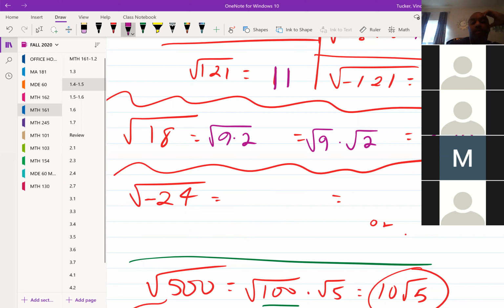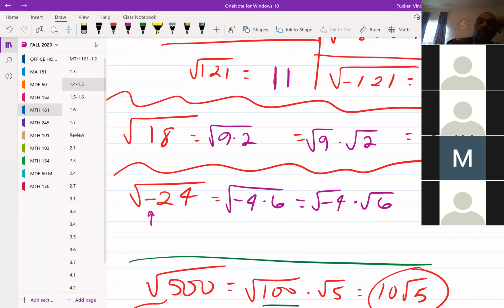So the same thing happens if I have a negative under the radical, square root of -24. I will look and see what's a factor of 24 that's a perfect square. So I can break that up into -4 times 6. All right, so square root of -4 is 2i.